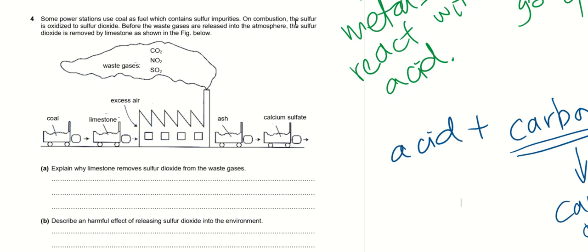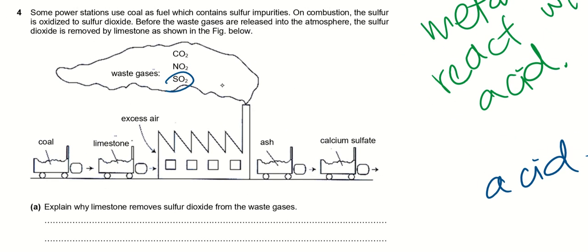But we actually need the energy. So on combustion, the sulfur is oxidized to sulfur dioxide. Dioxide means 2 of this oxide. Then we have nitrogen dioxide and carbon dioxide. All of these are waste gases, which are also known as greenhouse gases.